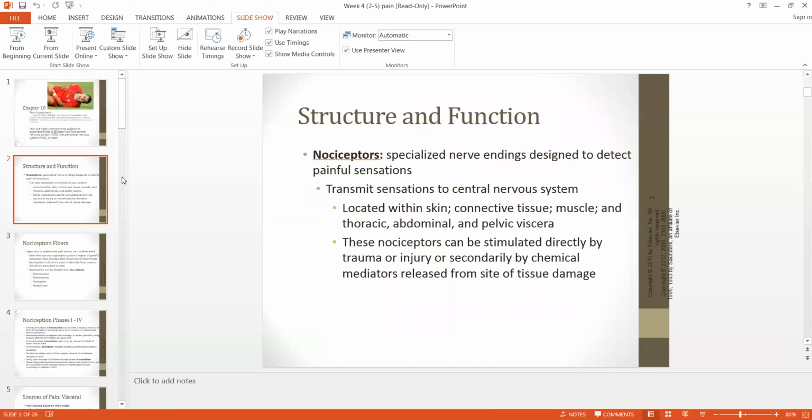So the nociceptors is just a fancy word for nerve endings that are going to detect painful sensations. Interestingly enough, there are nervous connections that assess pain, and they are different from those nerve endings that assess temperature and pressure. So we can't test for one and expect to be able to pick up another.